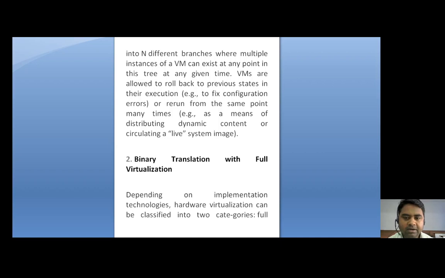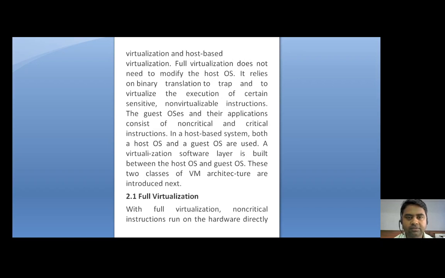Second one is binary translation with full virtualization. Depending on the implementation technologies, hardware virtualization can be classified into two categories. First one is full virtualization and second one is host-based virtualization. Full virtualization does not need to modify the host operating system.